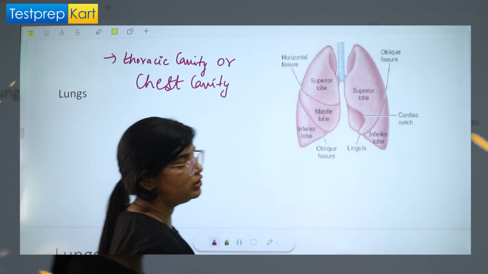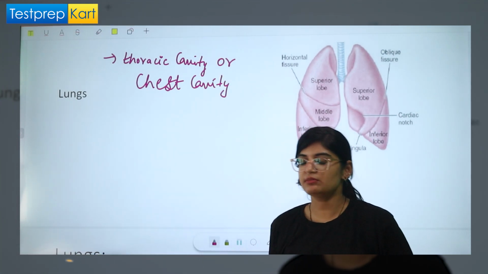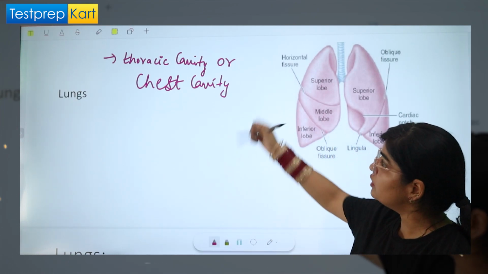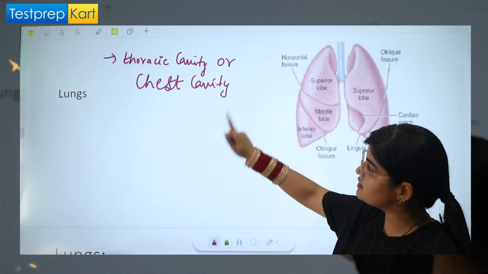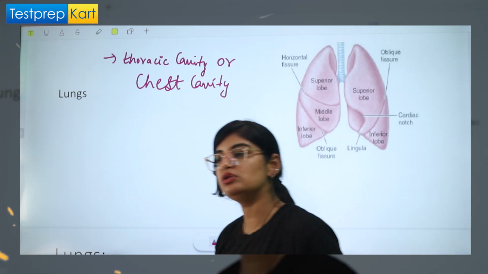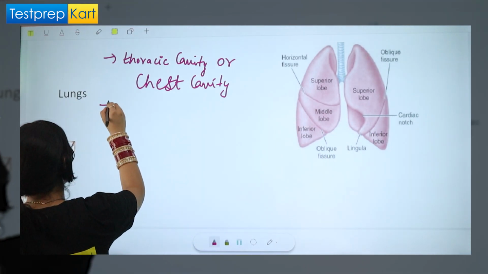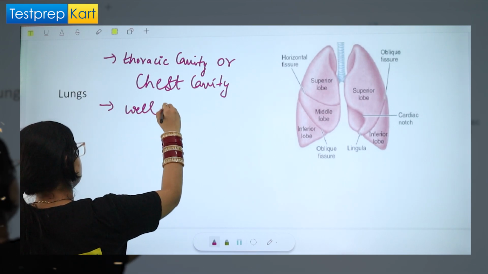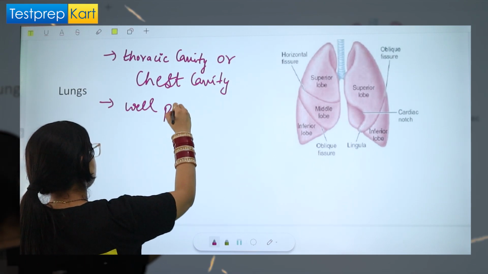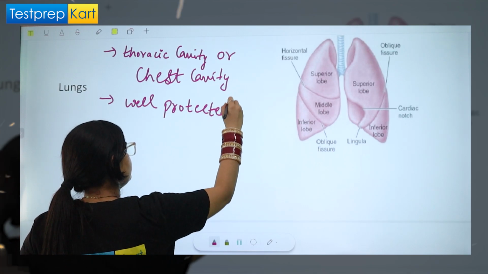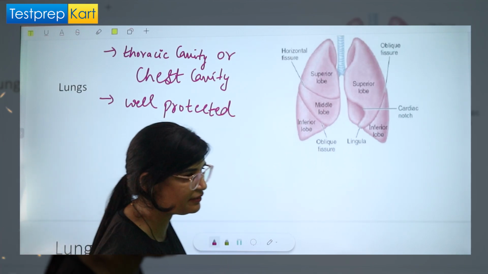As you know, our body is divided into various segments: head, neck, thorax, and abdomen. So in the thoracic cavity these lungs are present, and the thoracic cavity is also known as the chest cavity. The lungs are well protected, meaning well protected inside our thoracic cavity.